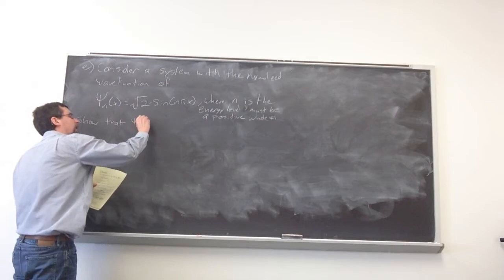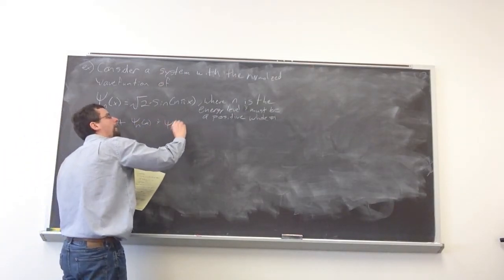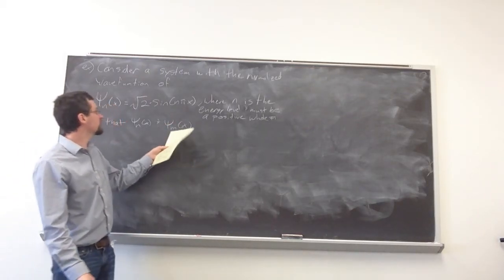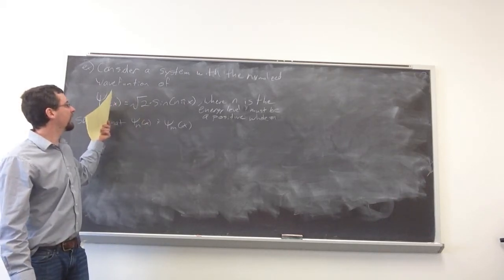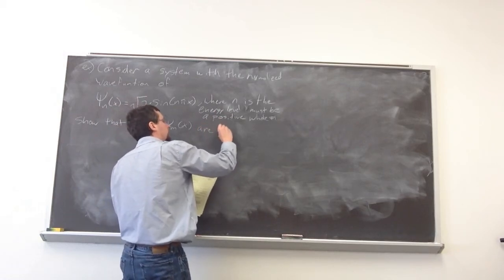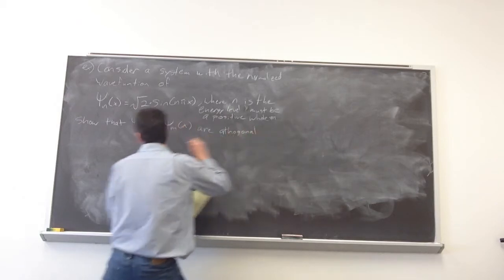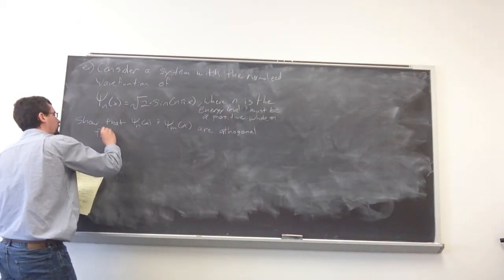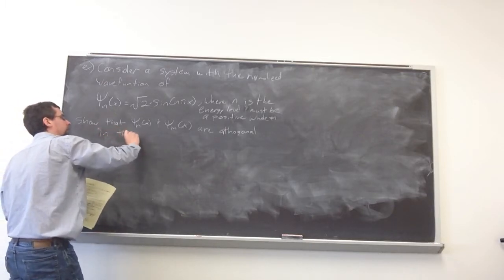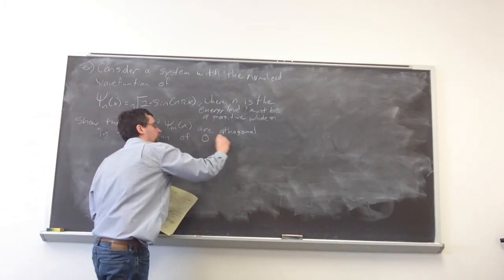Show that psi n of x, with a subscript n, and psi m with a subscript m, meaning it's the same thing but we've just changed the value of that n there, are orthogonal in the region of 0 to 1.